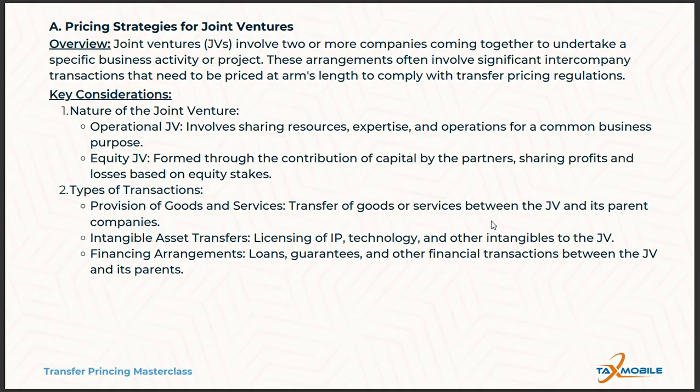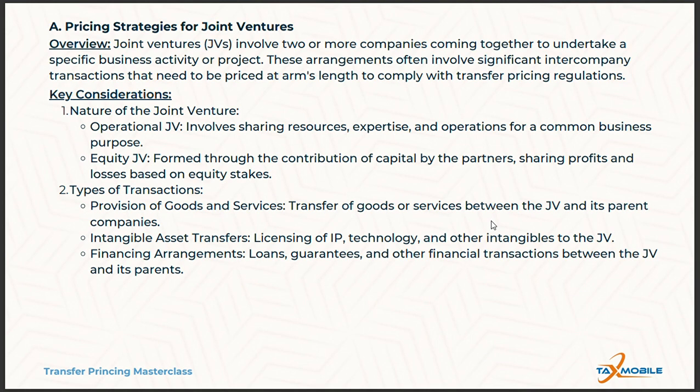Now, equity joint ventures. Partners contribute capital and receive profit and losses in proportion to their equity stake. The focus here is more on investment returns, with operational decisions influenced by the equity structure.